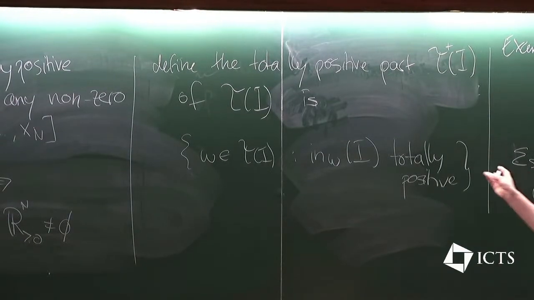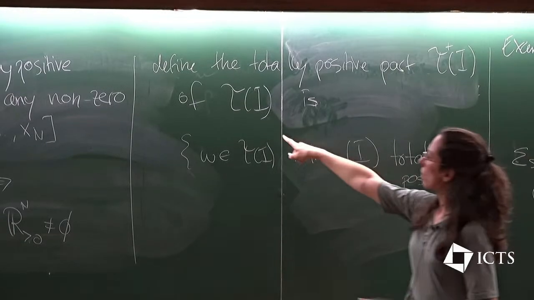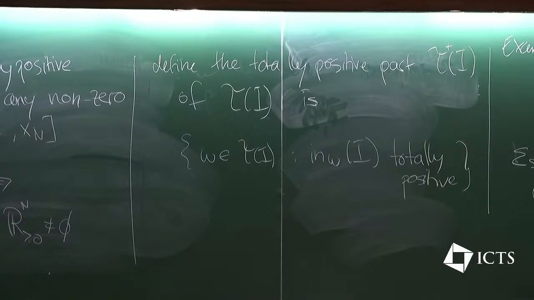Okay, so this is all the preparation I need to tell you about the relationship between the two tropicalizations. Any questions? Tau of I, or T of I, is the tropicalization of I. So I have three fans here.